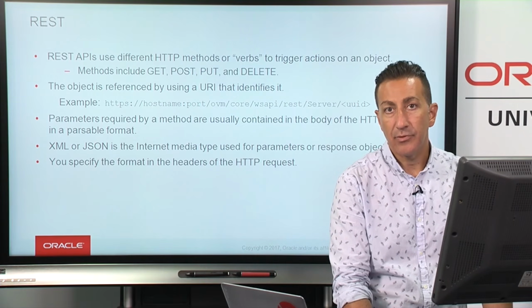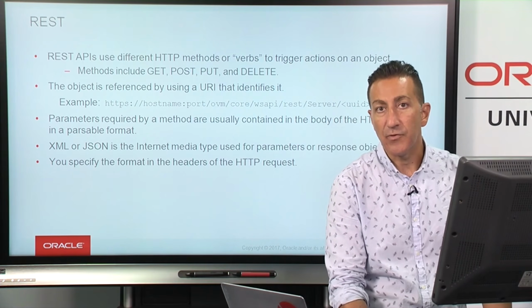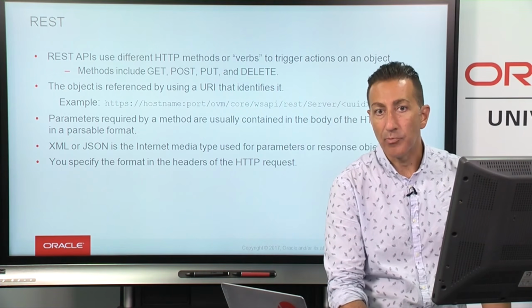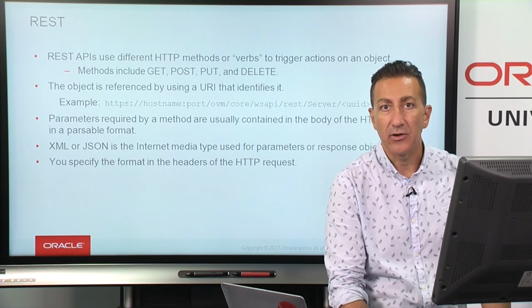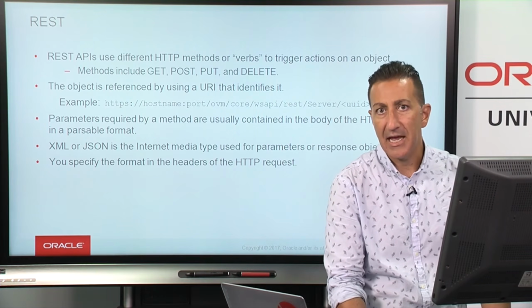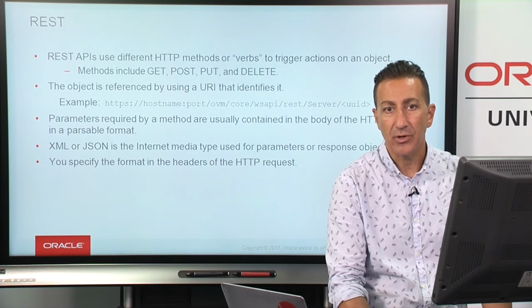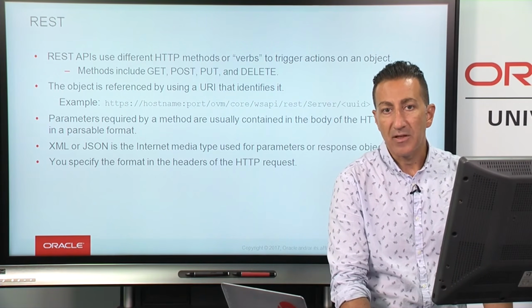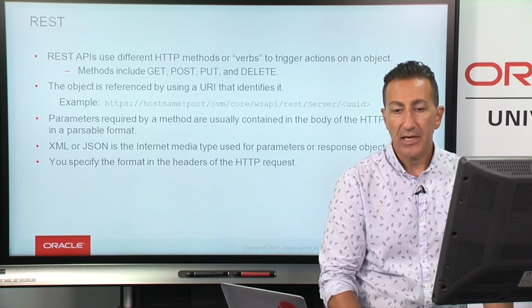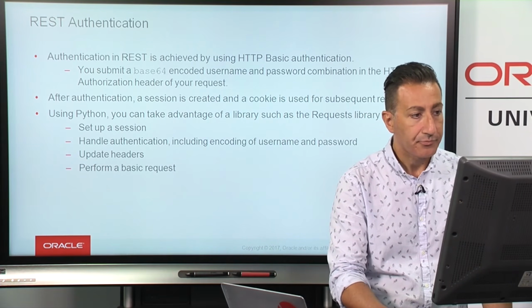And for example, when you get information with XML or JSON, it's easy for you to create applications that are able to parse the content and to visualize it in other formats, much like HTML format, or for example, to store in a database in a table or something like this, right? And you see, you specify the format in the headers of the HTTP request.